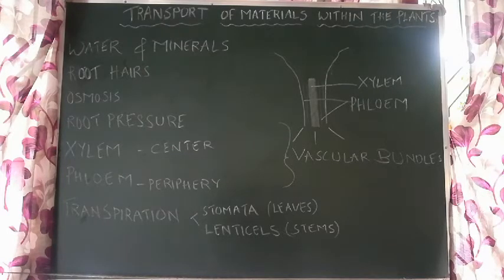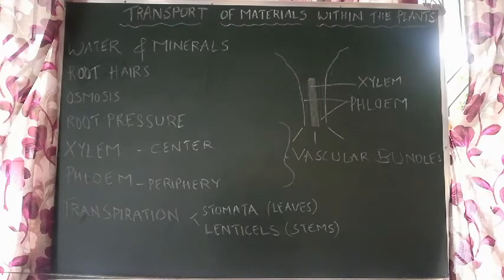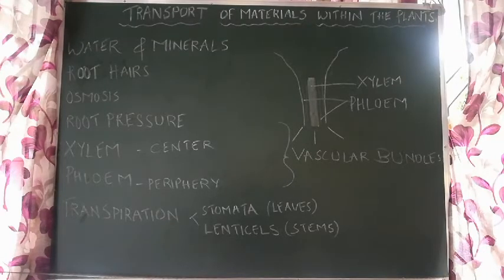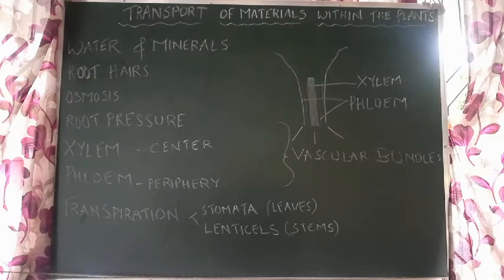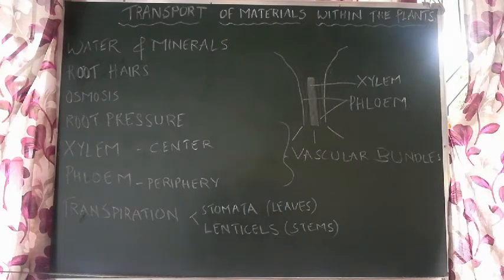What are root hairs? What is everything made up of? All the things in a plant are made up of cells only, like how our bodies are. Cells have a plasma membrane, which is a barrier, right? So the plasma membrane of these root hairs can be easily crossed. Now there is also a mechanism called osmosis that happens here.